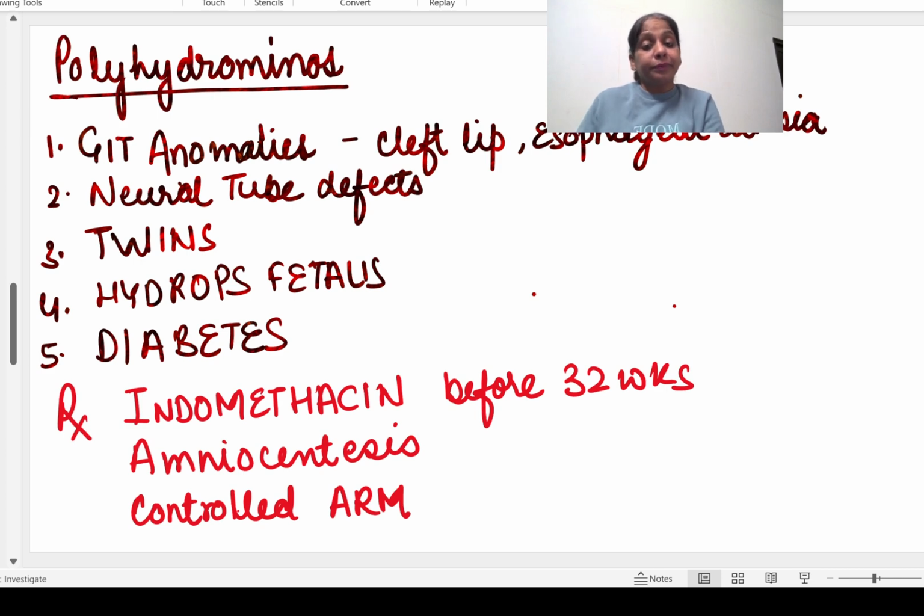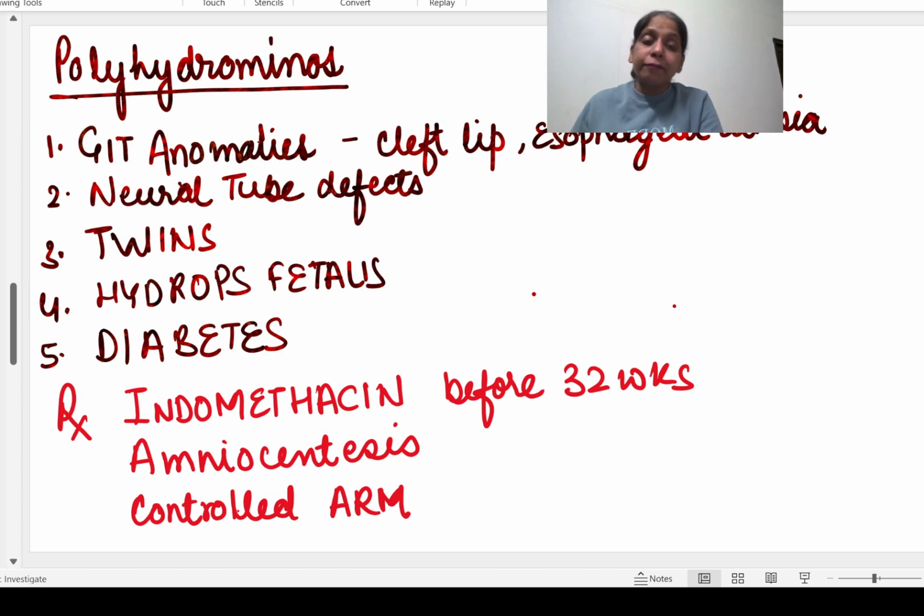So after 32 weeks, please don't give indomethacin. It will lead to premature closure of the ductus arteriosus. If we give indomethacin, the ductus will prematurely close, and if it closes, the fetus will go into pulmonary hypertension and the fetus will die.